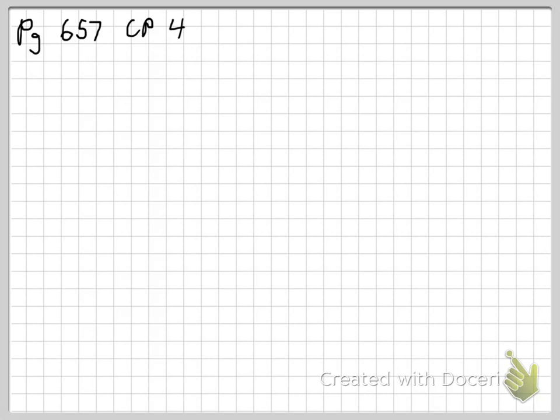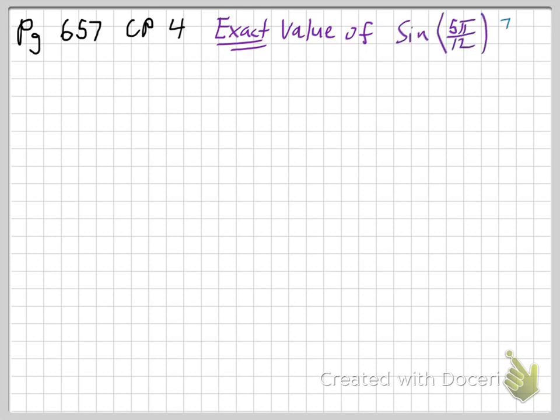Let's go to page 654, checkpoint number 4, and pause the video and see if you can find the exact value of, what are they asking for, 5 pi over 12. And I'm going to give you a hint. That's 75 degrees. And it really doesn't matter if you use the sum formula or the difference formula, you're going to get the same answer.